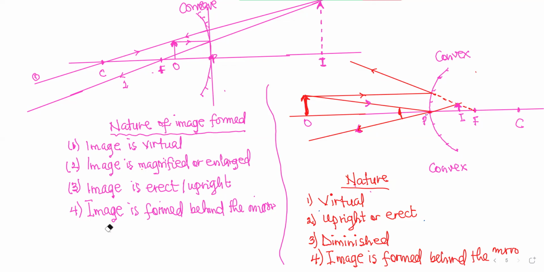If you don't have any question, then we'll end here and continue tomorrow. Tomorrow we'll be looking at what happens when the object is at infinity and at F. But for a convex mirror, no matter where you place the object, whether at infinity or anywhere, you get the same nature of image formed.